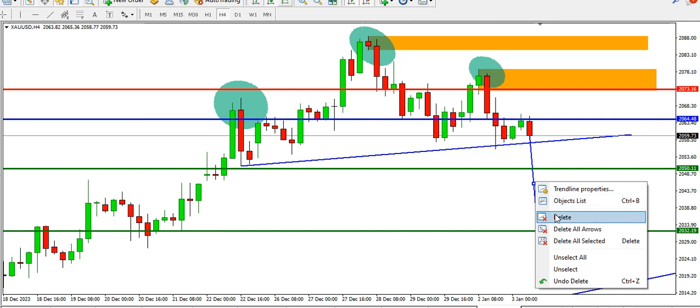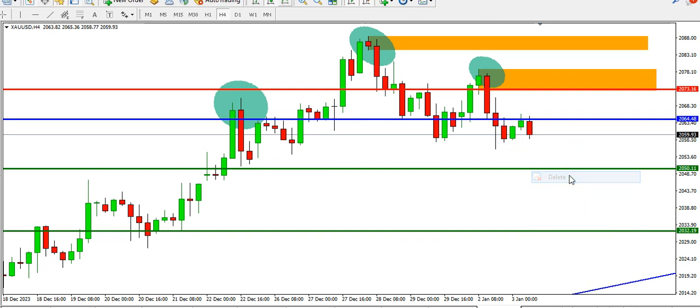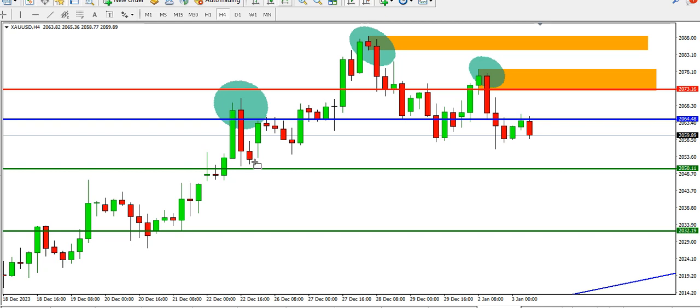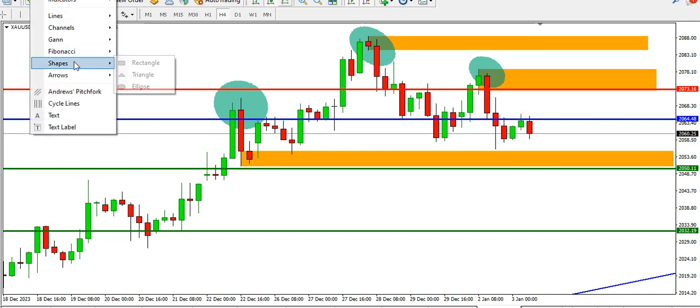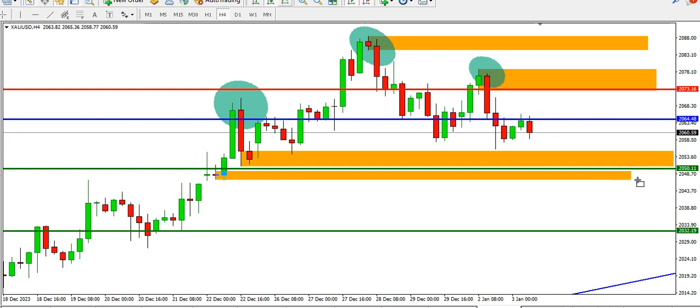All right, but let's look at the other blocks on the 4-hour time frame. We have the demand, the immediate demand level around here. Okay, that's the 2053 level. We also have another demand level very close by, 2048.